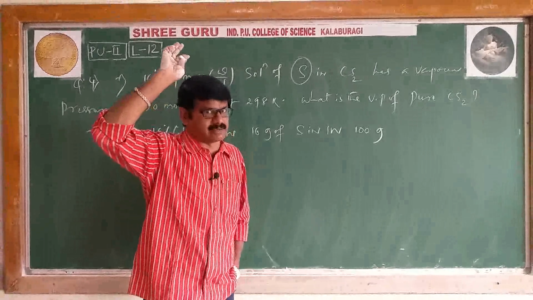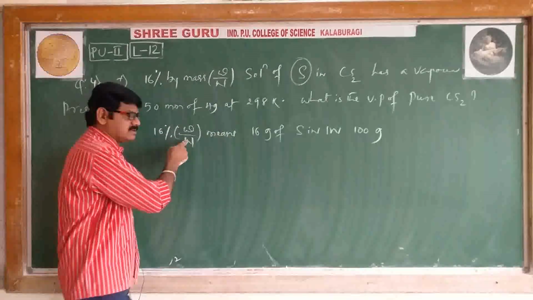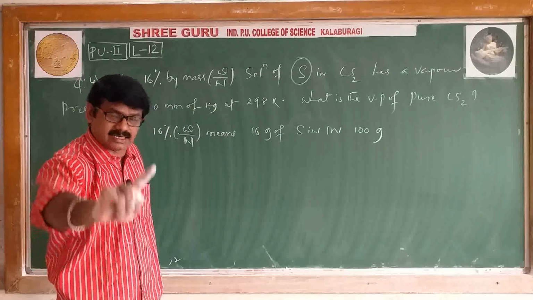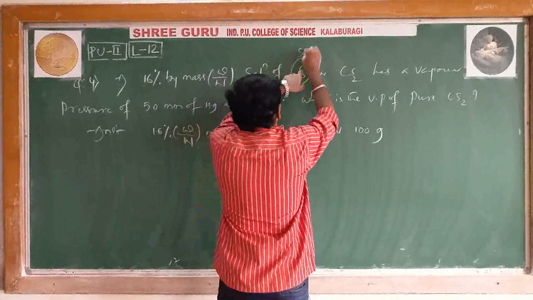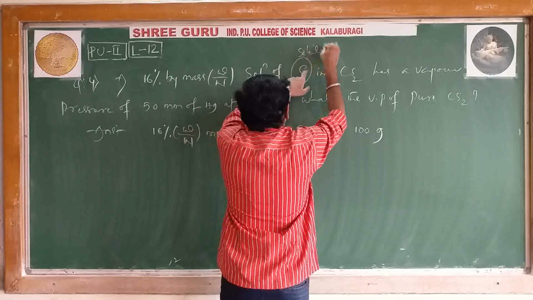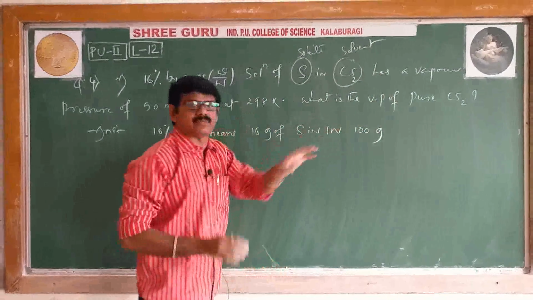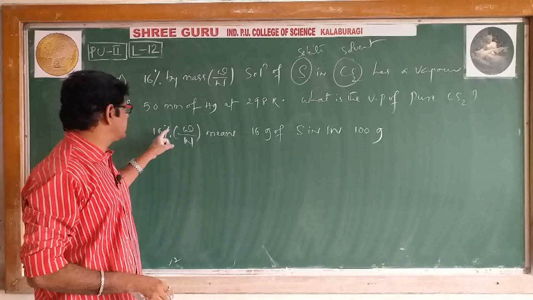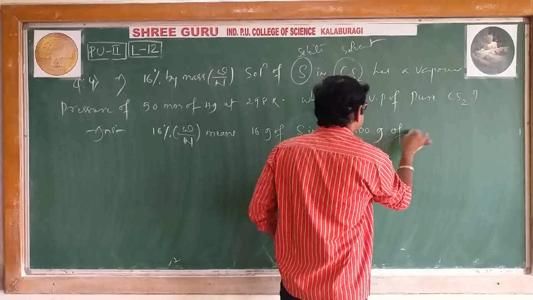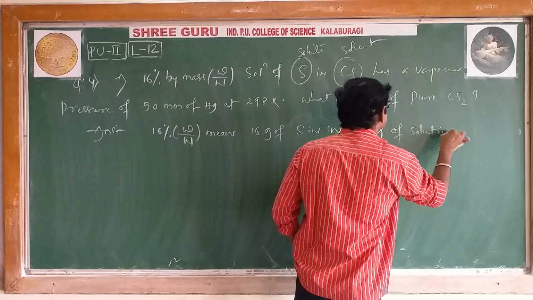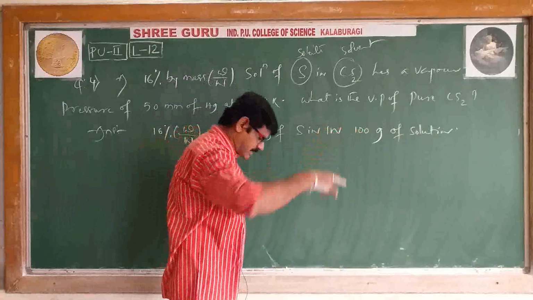According to percentage W by W, we have to recall it is the mass of solute per mass of solution, not solvent. But first we will write the correct information: 16 grams of solute is present in 100 grams of solution. Now, solute mass is there, solution mass is there.